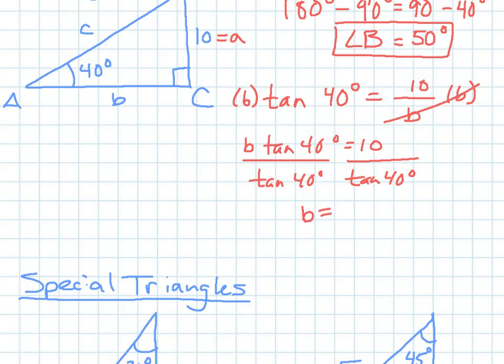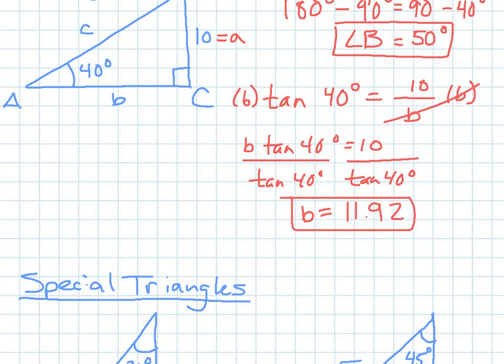Make sure that your calculator is in degrees. You'd have to go to mode and then go to the degree one and press enter to make it solid. So you should get 11.92 if you round it to the nearest hundredth. Okay, so that's side B.